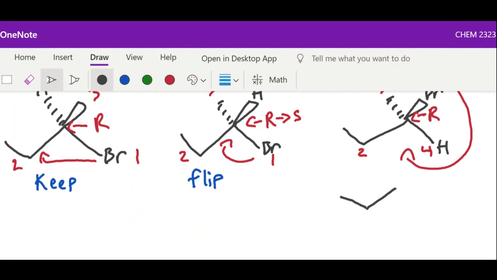Yeah, so we're gonna keep this structure the same, and so the stereochemistry is gonna stay the same. We're just rotating along this ethyl group. So think of having 3 pens or pencils, and think of this as your arm, okay?